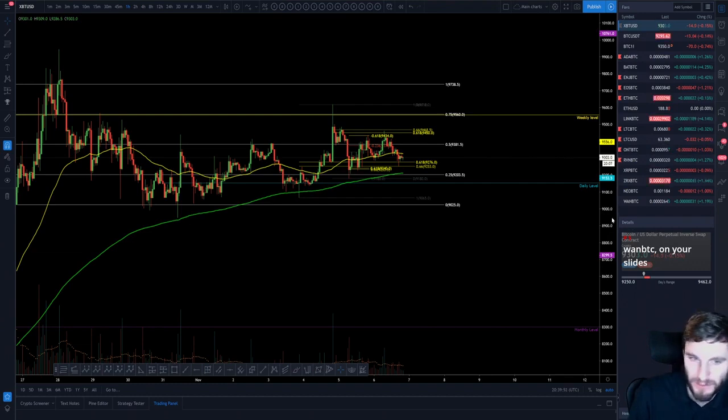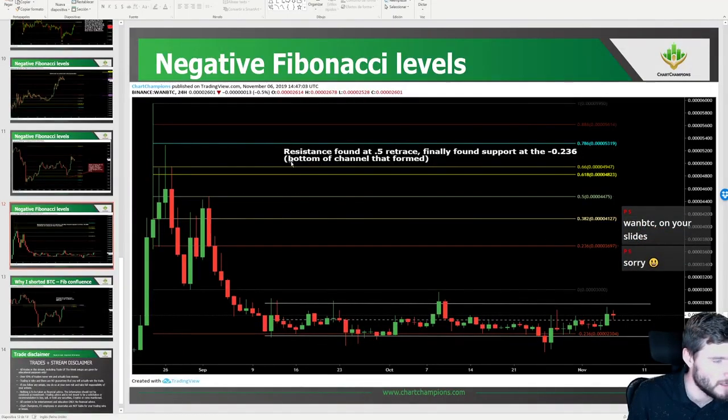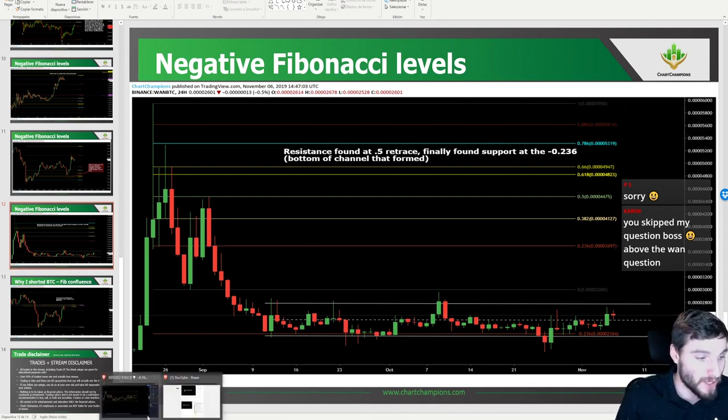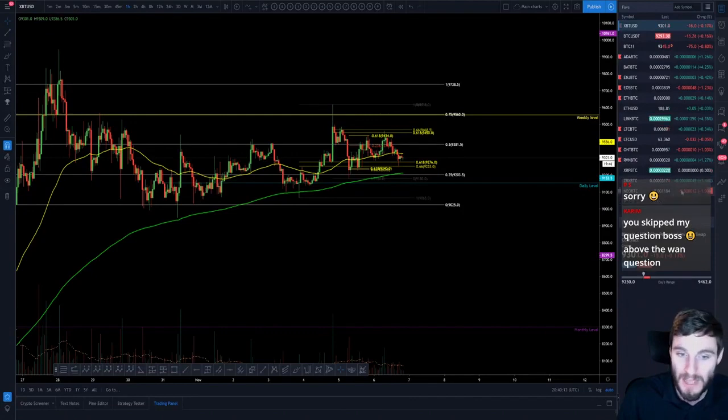WAN BTC on your slides. So why did I think, I had no idea, if I'm honest, that WAN was going to find support at a negative 236. This is more of a hindsight example that it found support here, because I was not longing here. WAN is not a coin that I trade, as you know. WAN is not a coin that's ever on my watch list. Neither is Neo. It's not a coin that I trade.